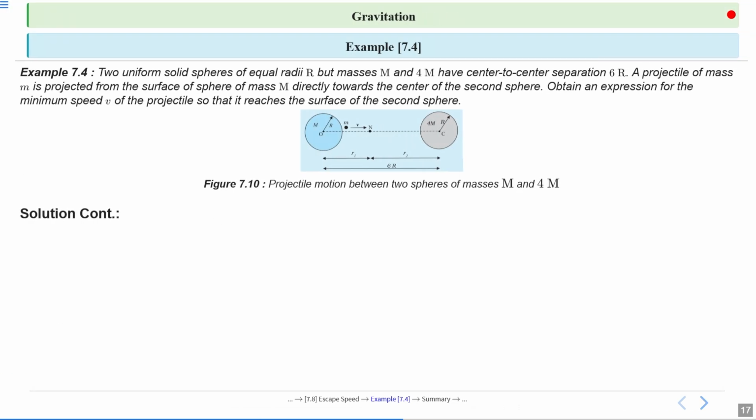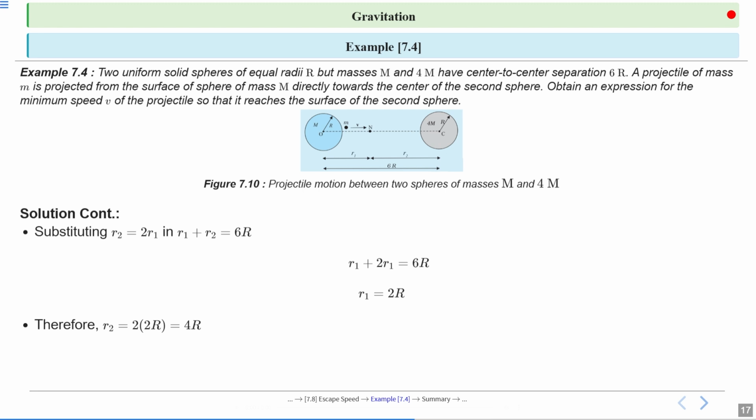Now substituting r2 is equal to 2 times r1 into the equation, so r1 plus 2r1 is equal to 6r. So r1 equals 2r. This tells us the distance from the center of the first sphere to the point where the projectile is launched.